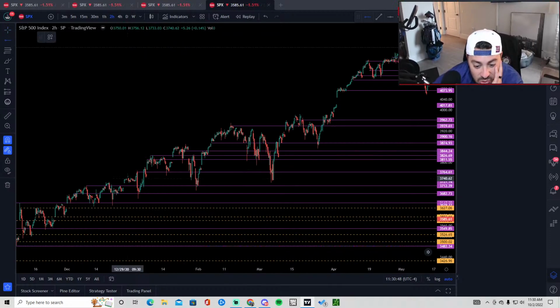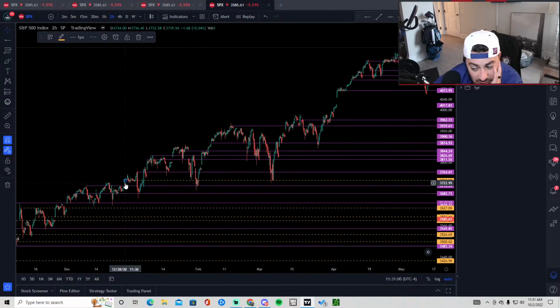And then when I get more on the smaller time frame stuff, like so here, consolidation comes back down, gets some support.